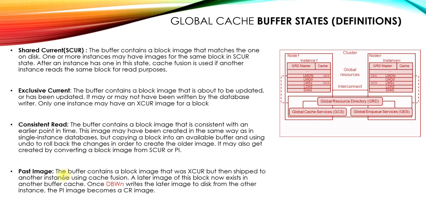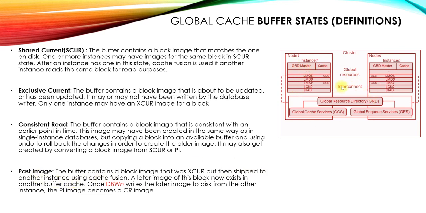Past image. The past image is when the buffer contains a block image that was XCUR. So let's say in the past, this specific block on node 1, block 1, used to be exclusive current, but then it was shipped to another instance using cache fusion.